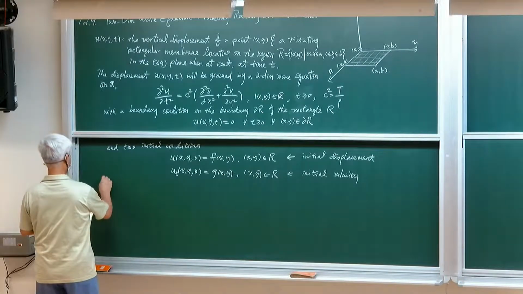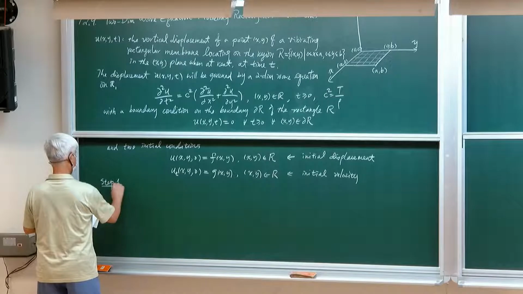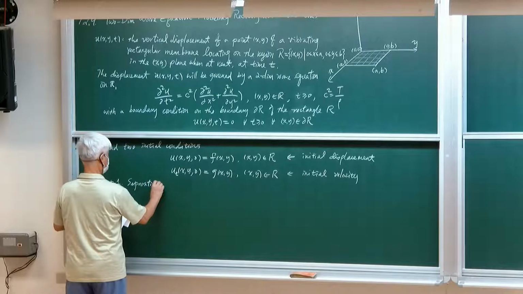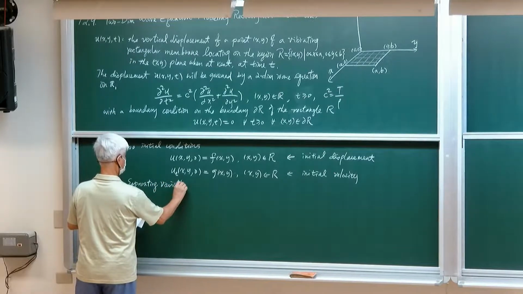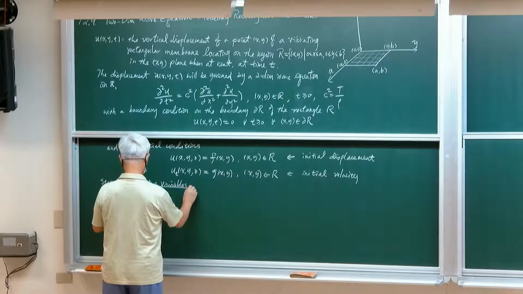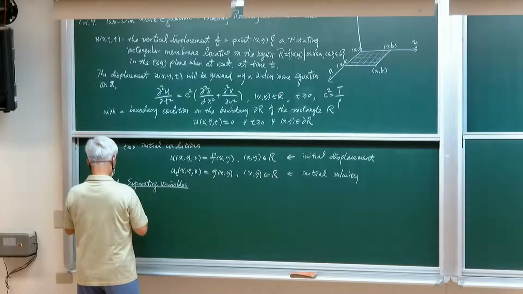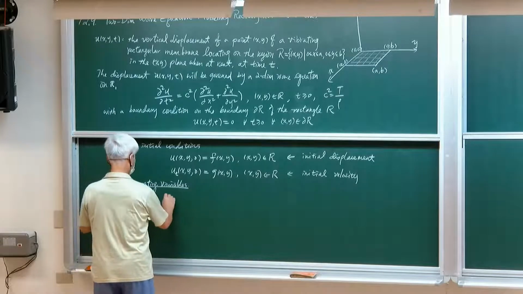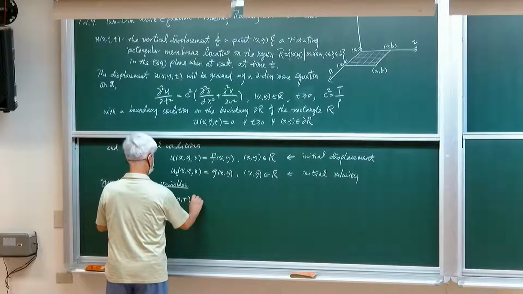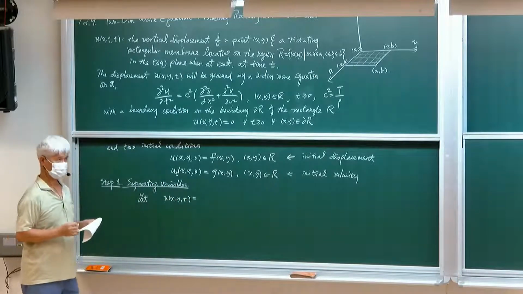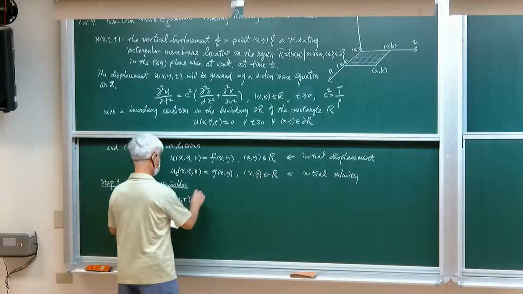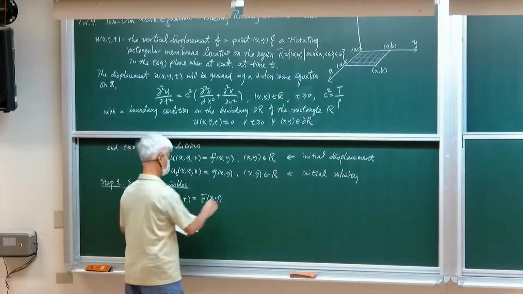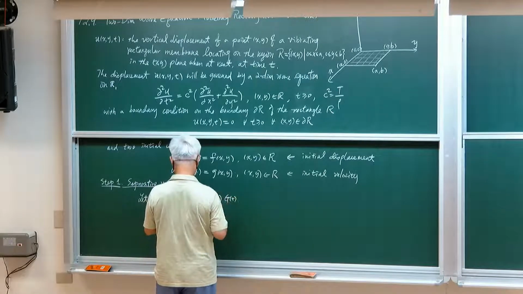So there are several steps. Step 1, we use separation of variables. We let the solution be a product of a function of x, y, and a function of t first.